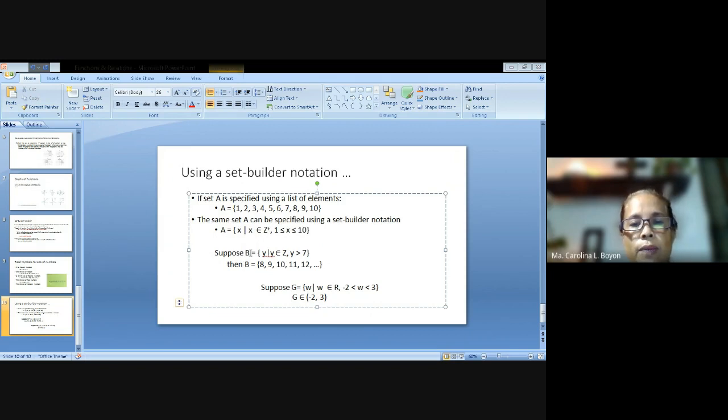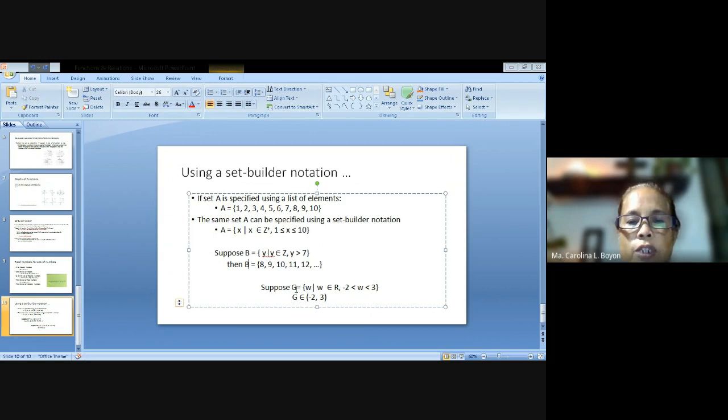Suppose again we have set B specified as the set of all y such that y is in the set of integers such that y is greater than 7. Greater than 7 means the set B will consist of 8, 9, 10, 11, 12, and so on.